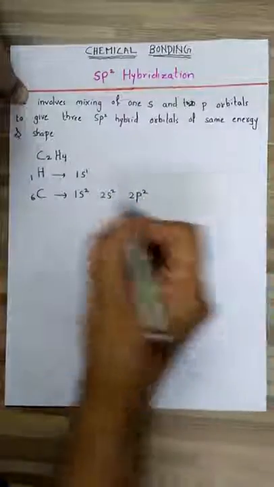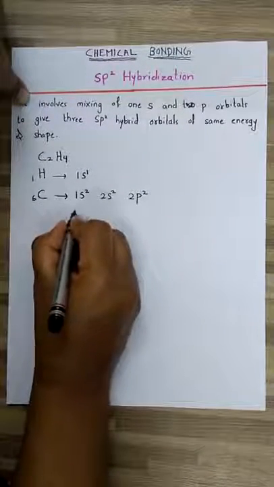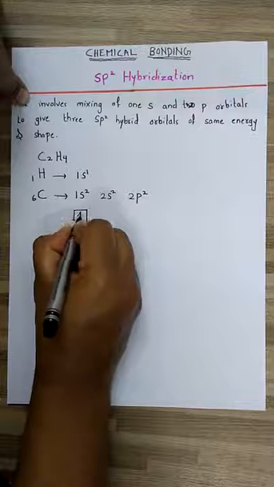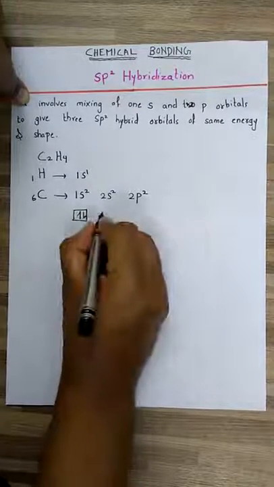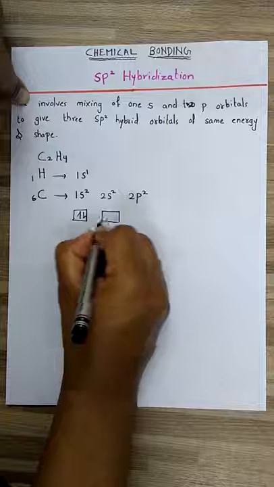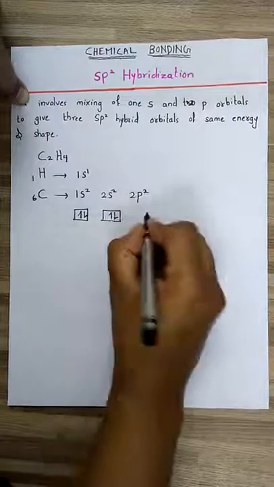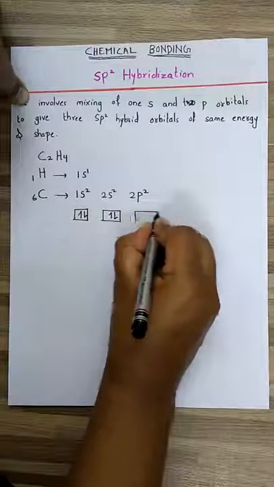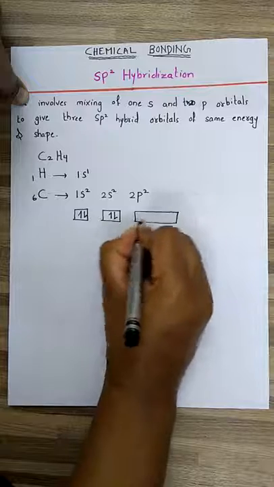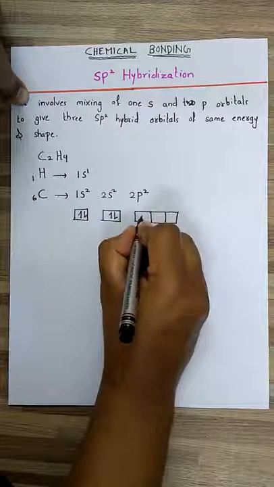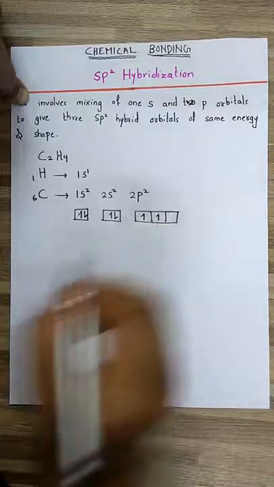So in the ground state we have 2 electrons in 1s orbital, 2 paired electrons in 2s orbital, and 2 unpaired electrons in 2p orbital.